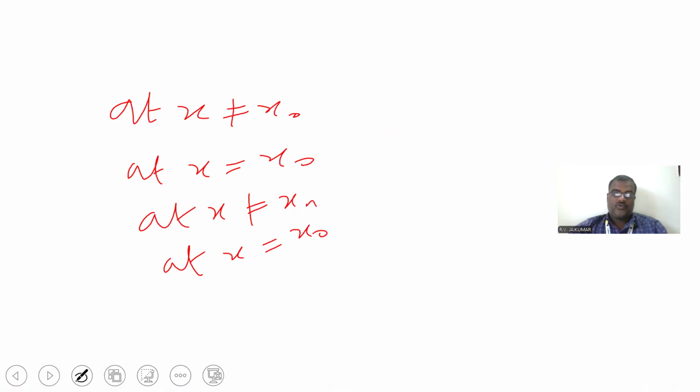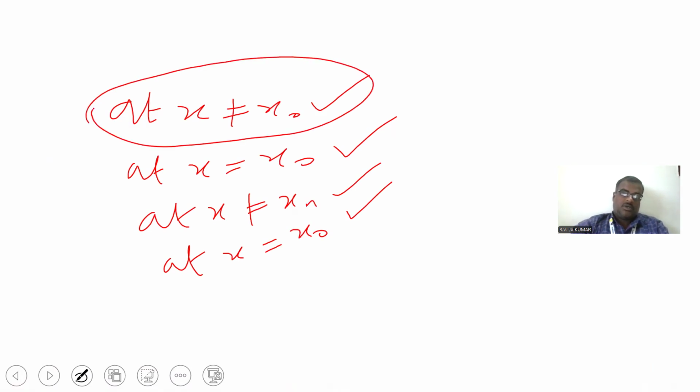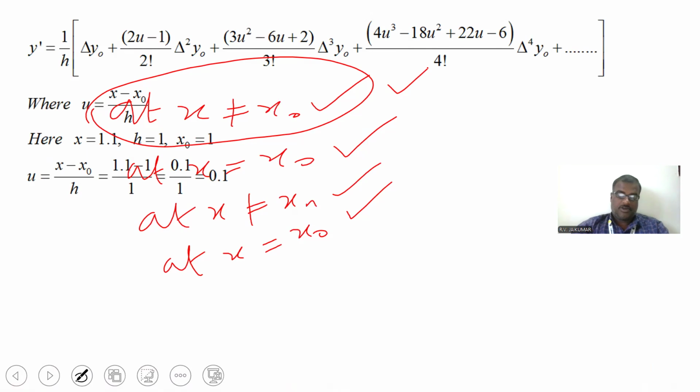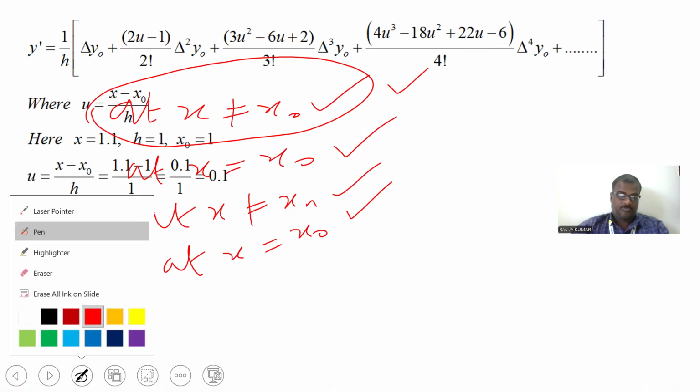So we have four different formulas, right? Based on the value of x, we can choose the first one, second one, third one, or fourth one. Okay, so now we are discussing the problem for the first one. This is the formula for the first one.